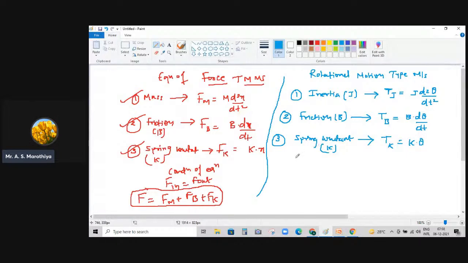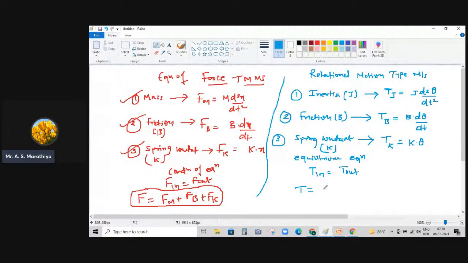And then we need to apply the equilibrium condition. So if you apply the equilibrium equation, input torque is going to be equal to output torque. Let us consider that the input torque is indicated by symbol T. This input torque is going to distribute across different types of fundamental components connected in that rotational motion type mechanical system.